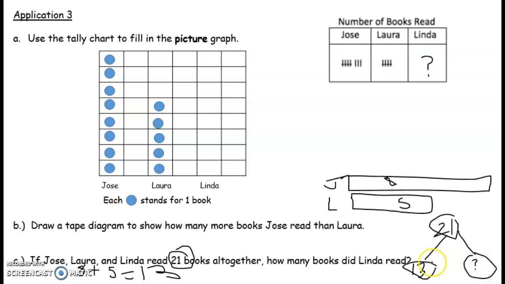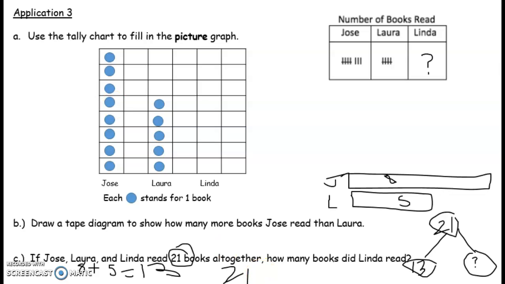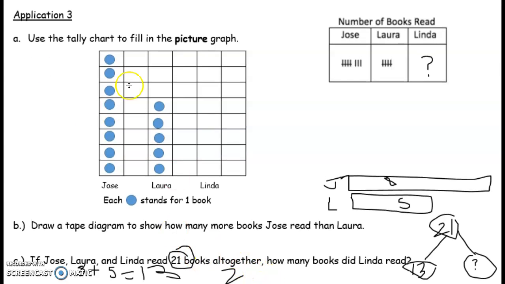Okay. Well, if you said 21 minus 13, then you are correct. That's one way. You would just go ahead and use the strategy that we used in module 4, which is 2-digit minus 2-digit numbers to do this, right?